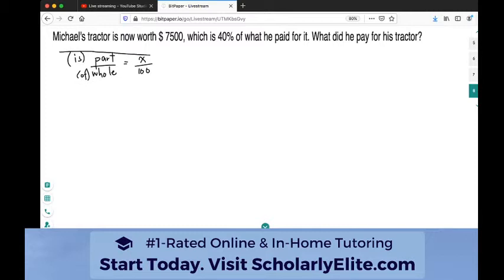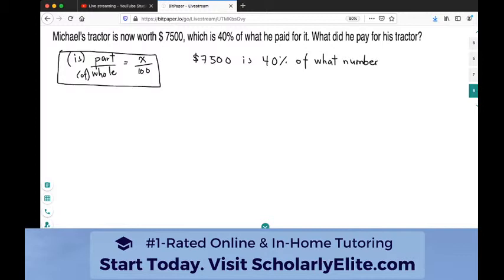This is my standard equation whenever I have proportion problems like this with percentages. Great. So I've created my situation here. Now I want to re-ask myself, how can I rearrange this question? Well, they're basically saying 7,500 is 40% of what number?